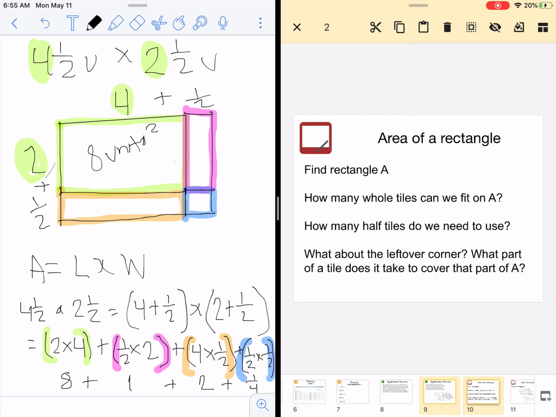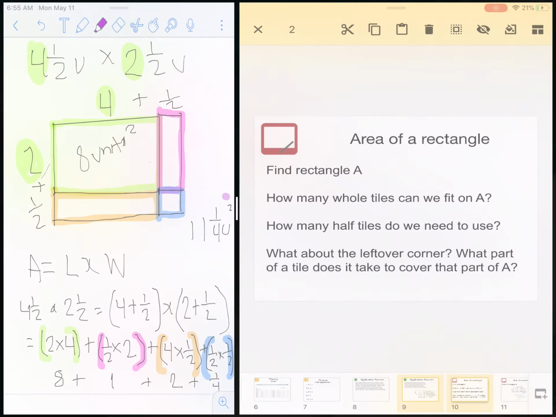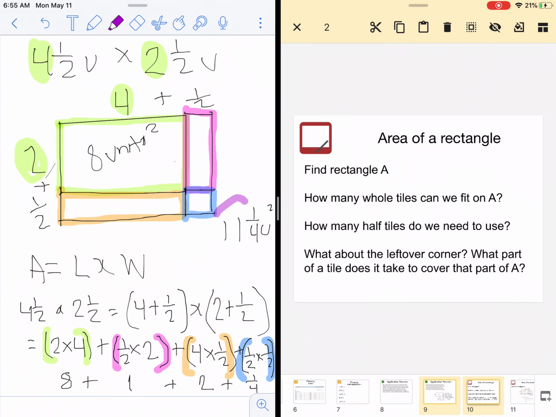So 8 plus 1 is 9, plus 2 is 11, plus a 4th is 11 and 1/4 units squared. And that is your total answer.